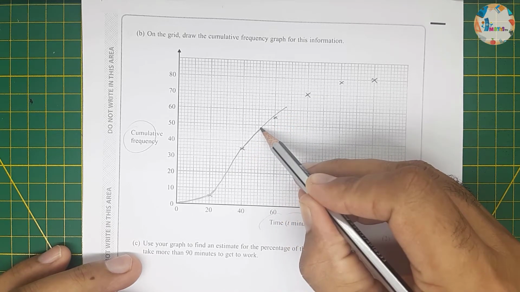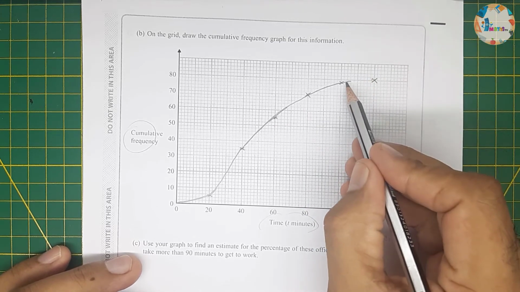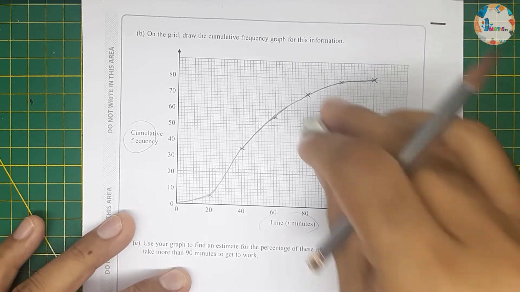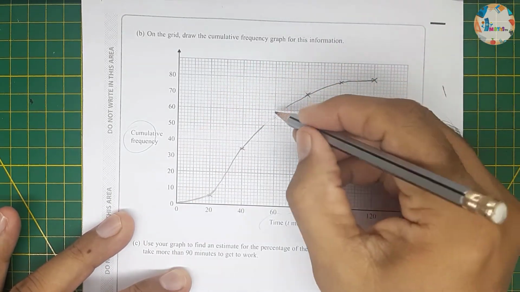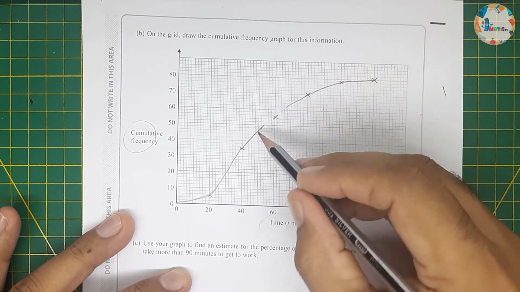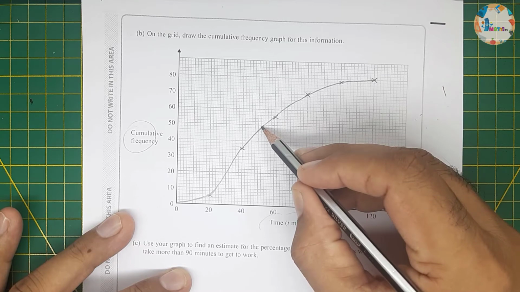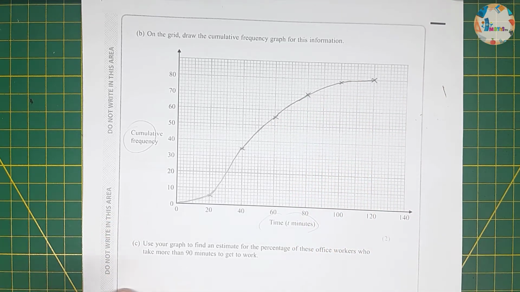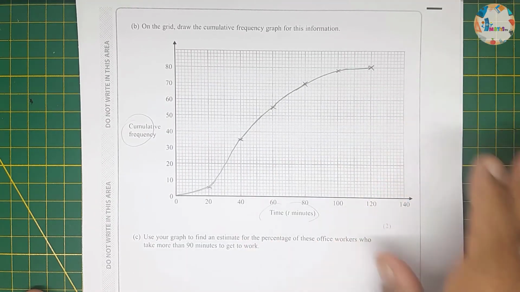It should pass through the points and turn like this. So hopefully we are getting the smoother curve, so we can rectify wherever required, and this will be passing through this. Now hopefully we have drawn a smoother curve. So this is the cumulative frequency curve.